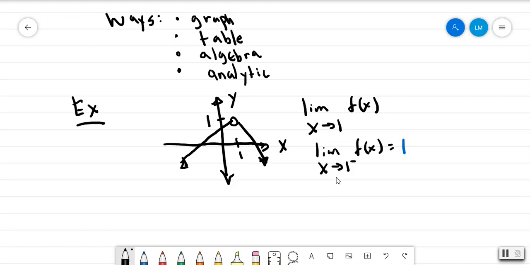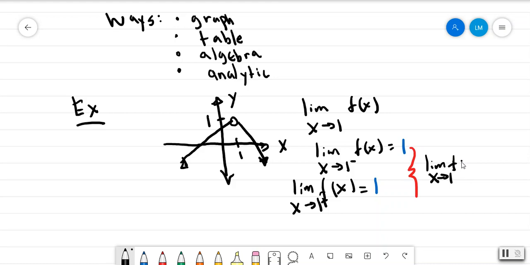But I also have that if I look at the limit as x approaches 1 from the right side, it's approaching the value 1. So we'll say that that equals 1. Now, together, this means that the limit for the function f of x as x approaches 1 is just 1 as well.